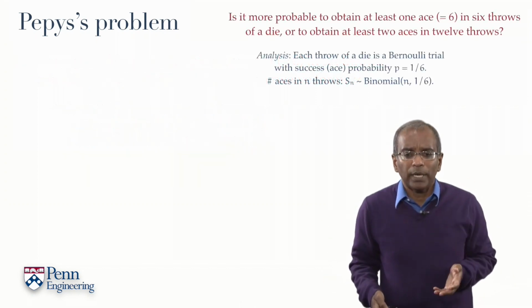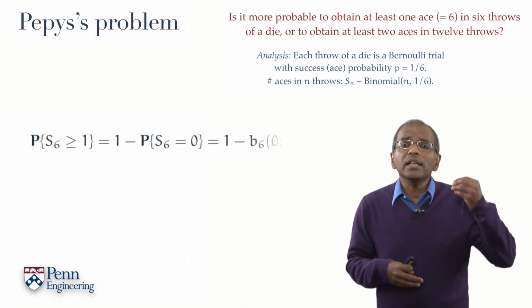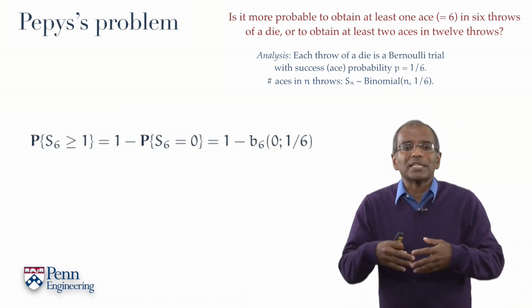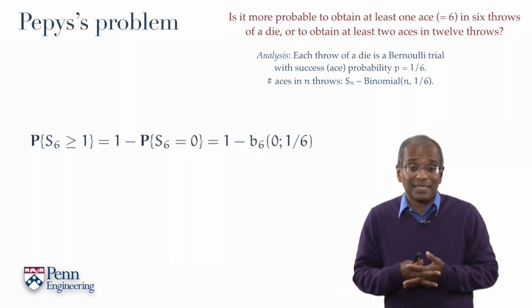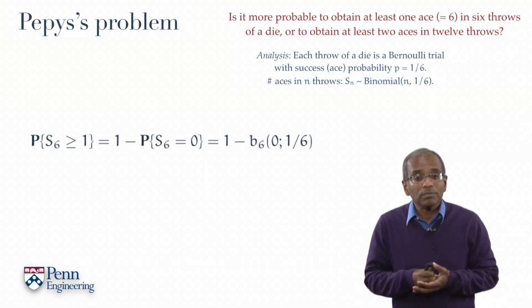So let's start promptly. The probability that in 6 throws of a die you get at least one ace, well, by additivity, it'll be easy to write it in terms of the complement that you get no aces, is 1 minus the probability that you get no aces in 6 throws.